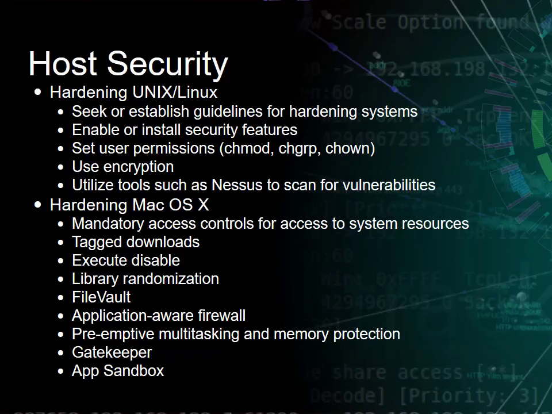Once again, you want to use encryption and utilize tools that are available on the internet specifically for Linux. Then with Mac, mandatory access controls for accessing system resources, tag downloads, disable executions, library randomization, FileVault, application-aware firewalls, preemptive multitasking and memory protection, Gatekeeper, and App Sandbox.